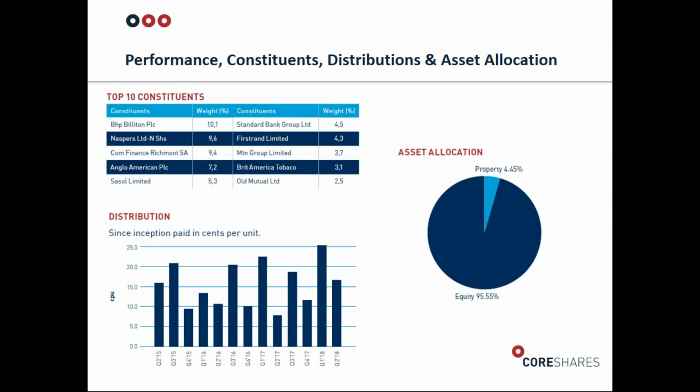What you must remember is when you're buying an ETF, you're actually buying into the underlying shares that are in the ETF. In this instance, this is a top 50 fund, so there are actually 50 constituents. We always have our constituents on our website. It's not a requirement to have them in the fact sheet, but it is a requirement to have them in the quarterly report, where you get all of the fund's underlying share details.